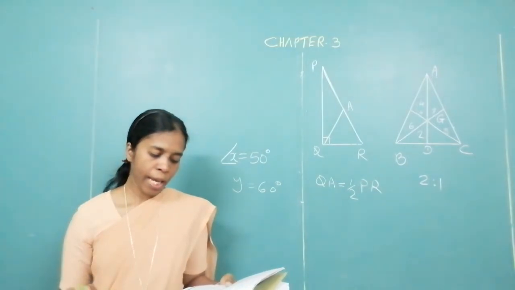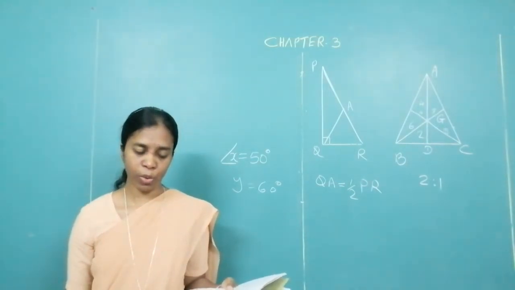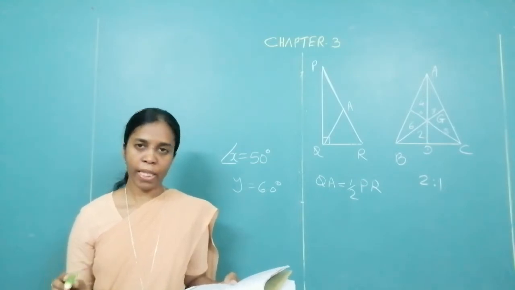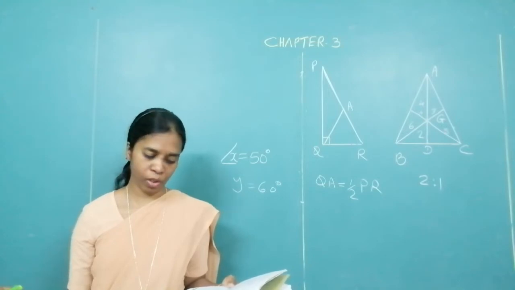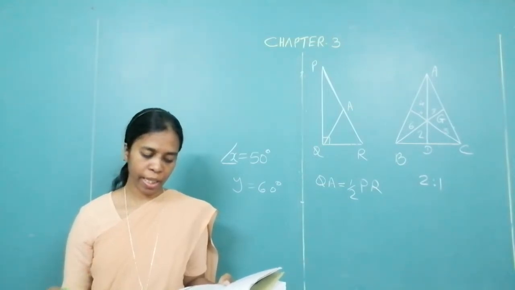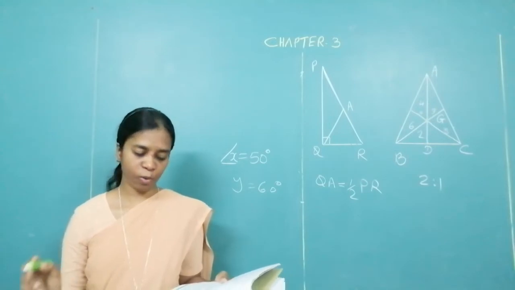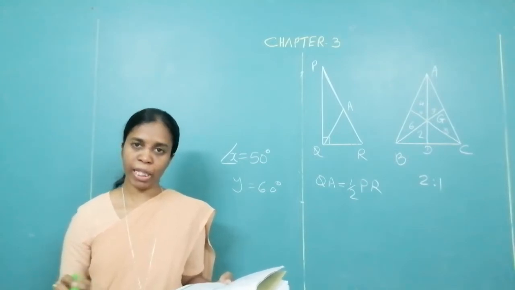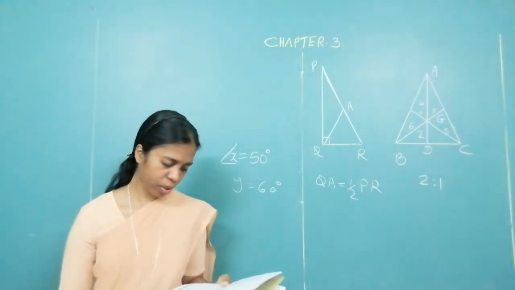Next step, angle ABD equals x plus 60 degrees, that is 50 plus 60 degrees. Similarly, angle ACD equals 50 plus y, that is 50 plus 60. This is how you write the steps for it.